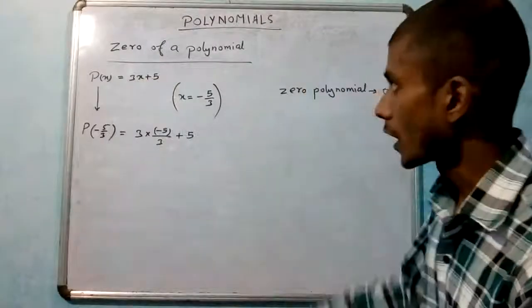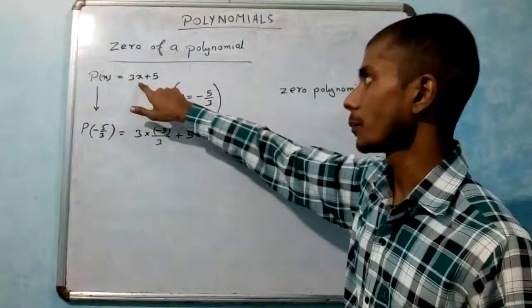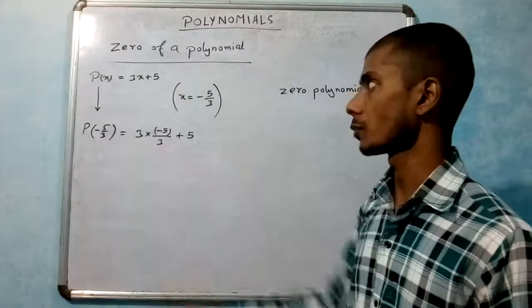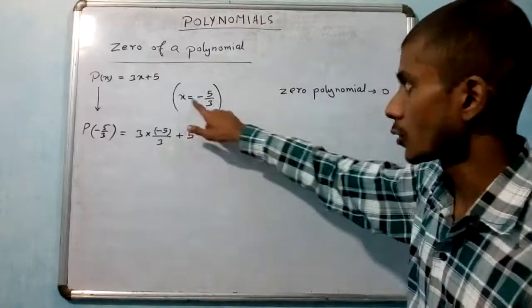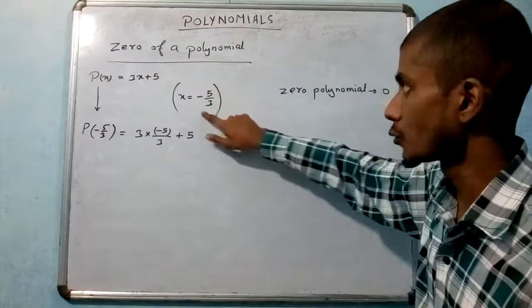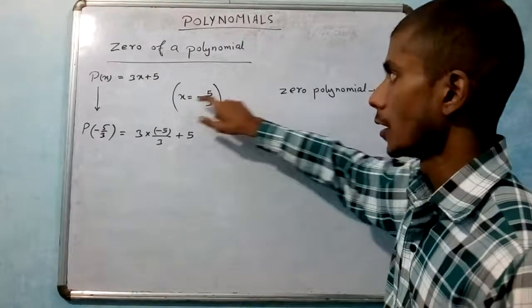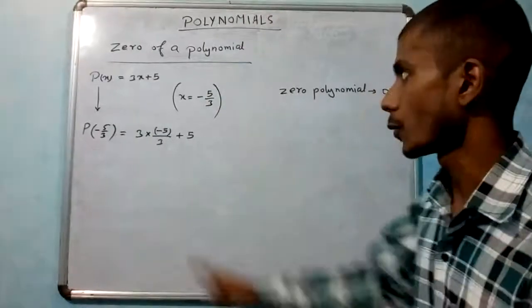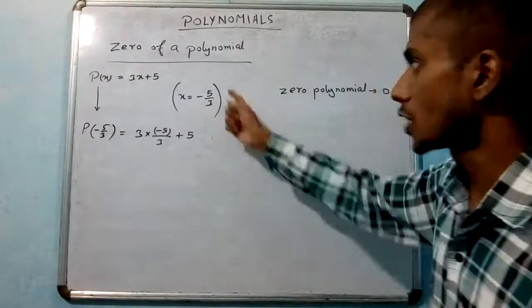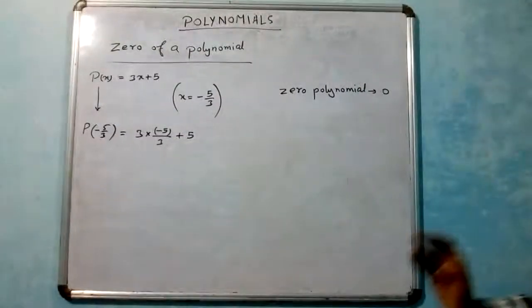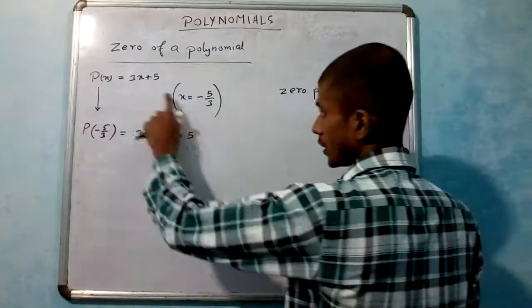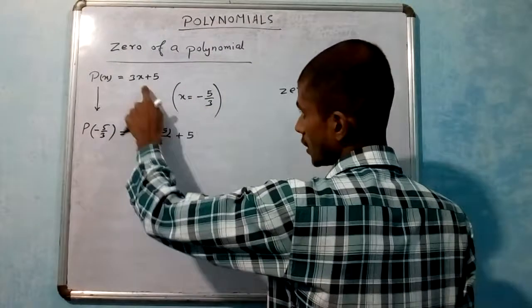So I have given you one example here. 3x + 5 is one of the polynomials, and I am telling that x = -5/3 is one of the zeros of this polynomial. And I am asking you to check whether this is really a zero of this polynomial or not.